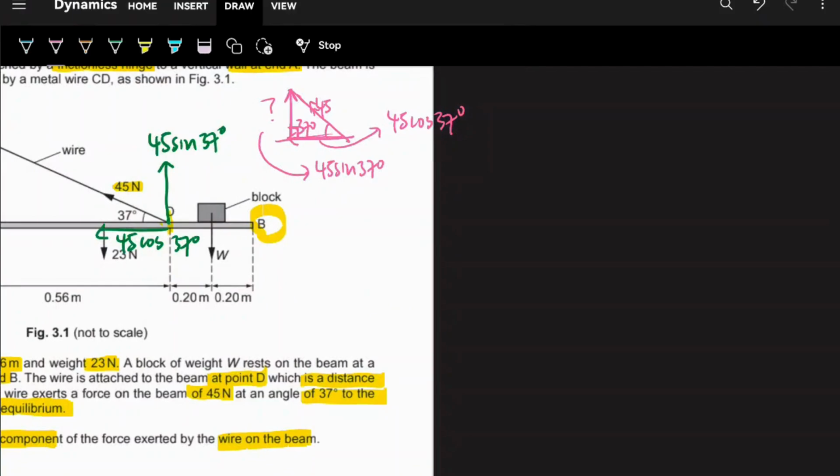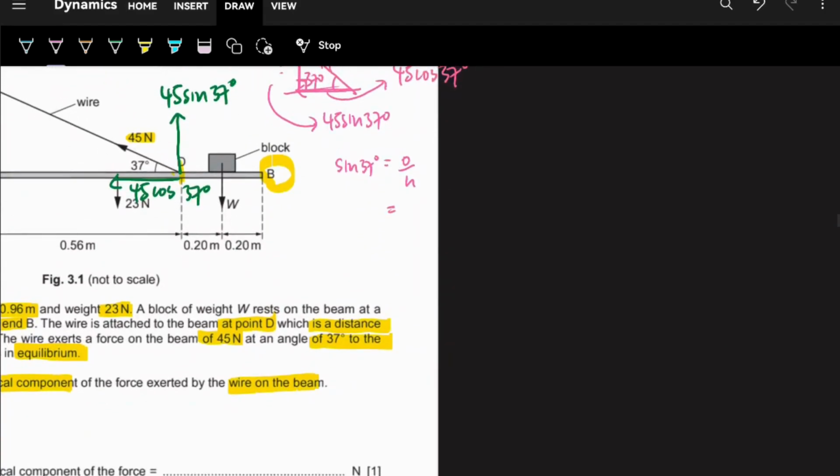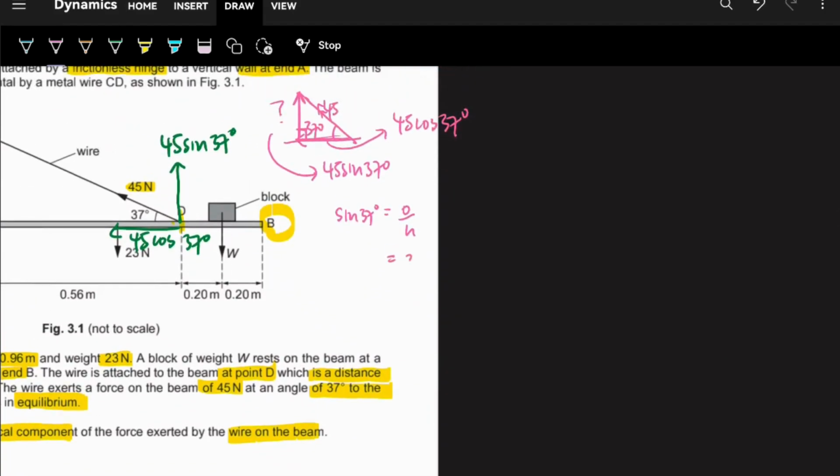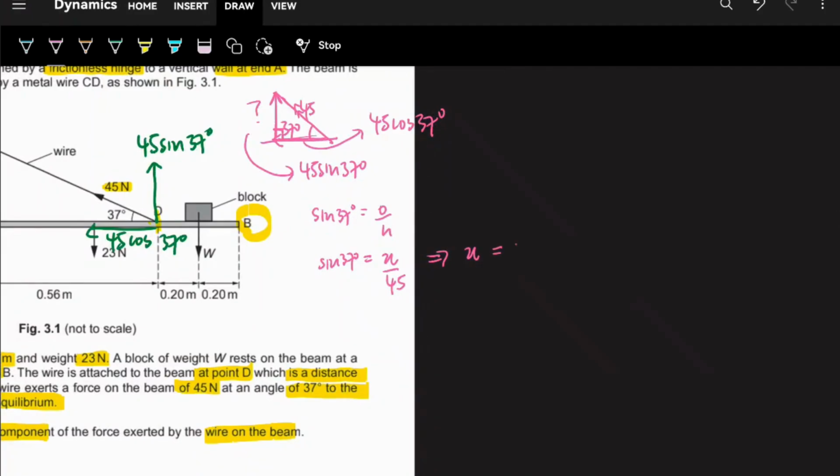If you can't see it that way also, no problem. Sine 37 is opposite over hypotenuse. The opposite is the one that we are trying to find, I'll just put it as x. Hypotenuse is 45. So you get x equal to 45 sine 37, which is the same.